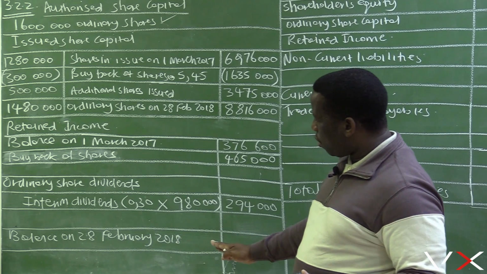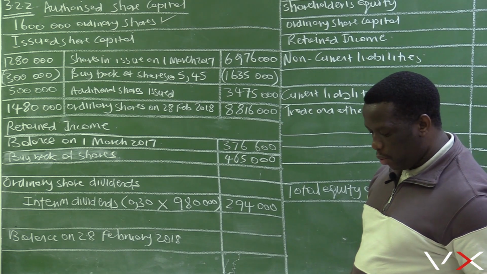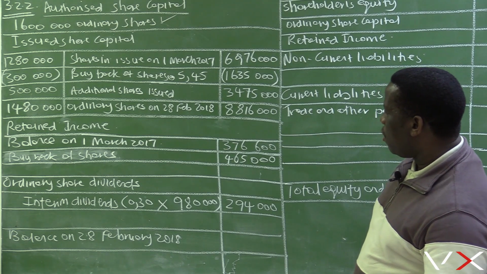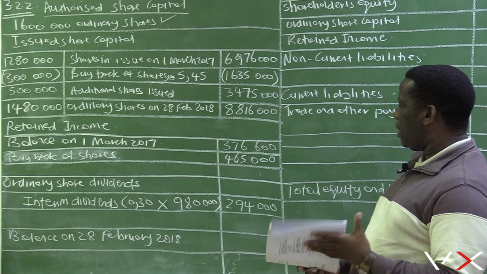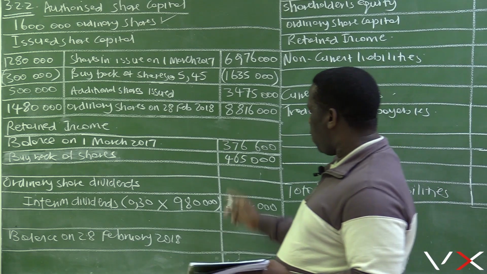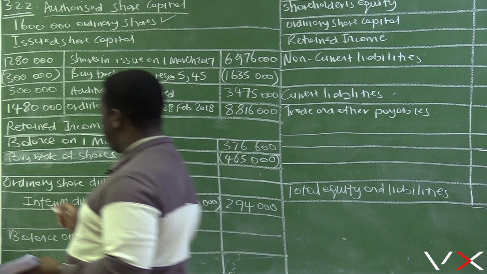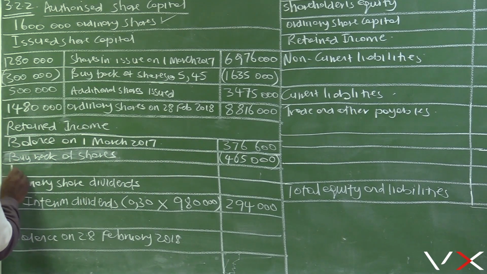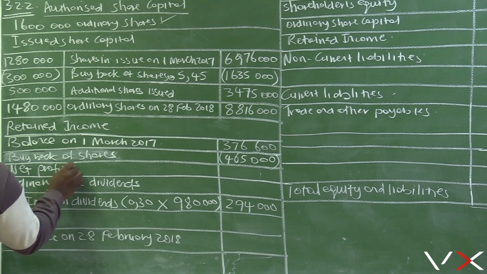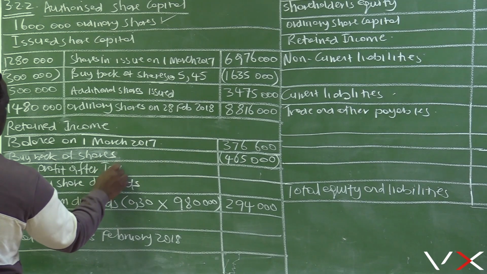Now we have to close the retained income note. In the retained income note, we have the balance at the beginning, which is 376,600, and then we have a buyback of shares of 465,000, which should be in brackets. The following thing that must be recorded here is the net profit after tax.